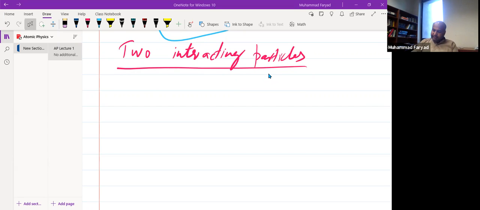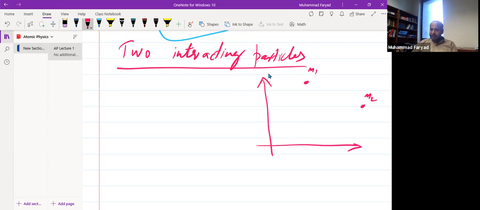All right. So let's start with two interacting particles now. Suppose I have one particle here and one particle here, and suppose these are M1 and M2. In this course, and actually in most of physics, we are usually concerned with central forces. So that's what I'm going to assume for these interacting particles as well.